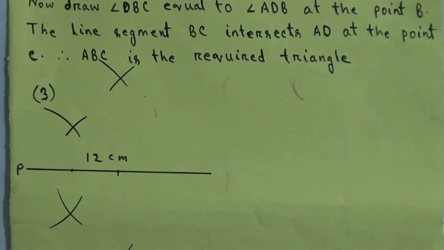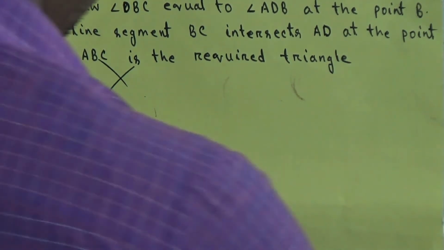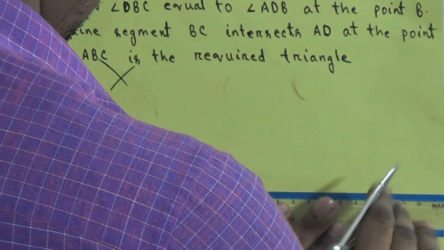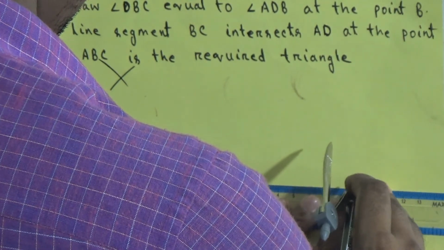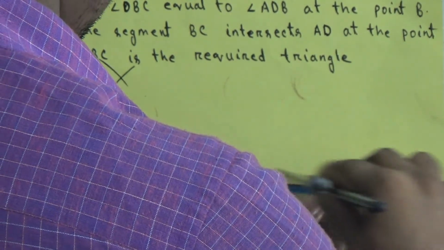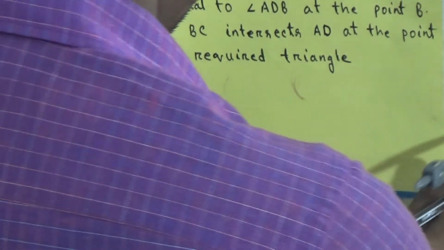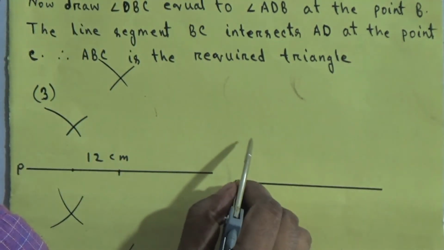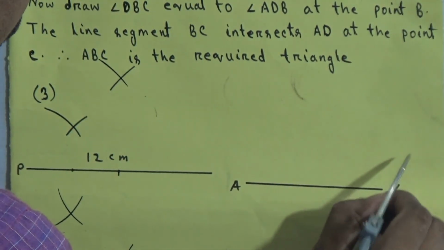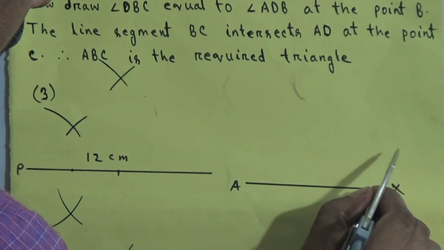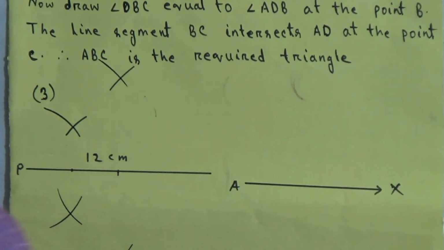At first we will draw a ray AX. The name of this ray is AX.